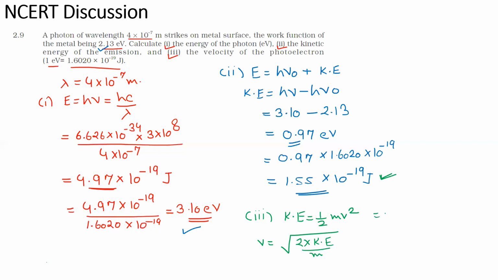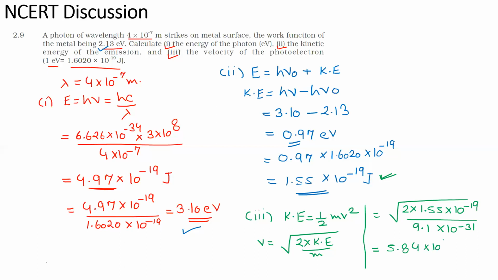This is equal to the square root of 2 into 1.55 into 10 to the power minus 19 divided by the mass of the electron, which is 9.1 into 10 to the power minus 31. So the velocity will be equal to 5.84 into 10 to the power 5 meters per second.